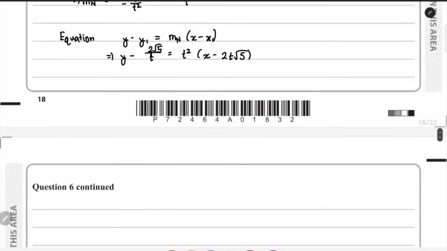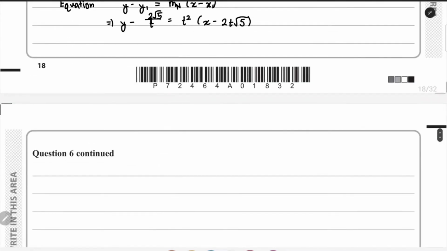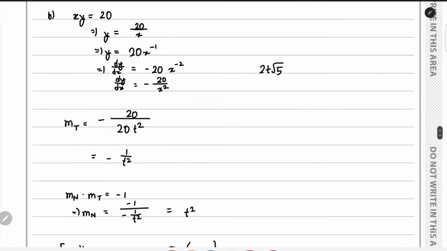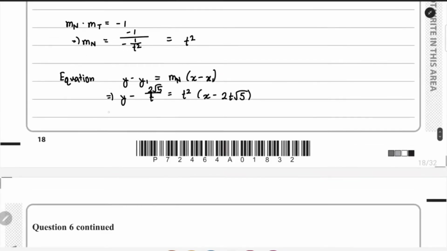Now I can just rearrange this to find the equation. I have a t in front of y, so I'll multiply both sides with t. I'll get ty minus 2 root 5 equals t cubed x minus 2t to the power 4 root 5.